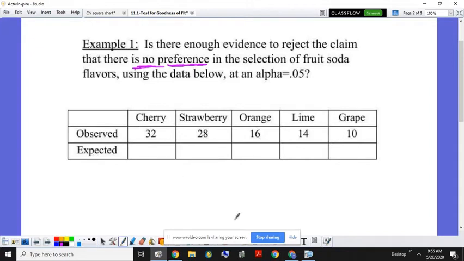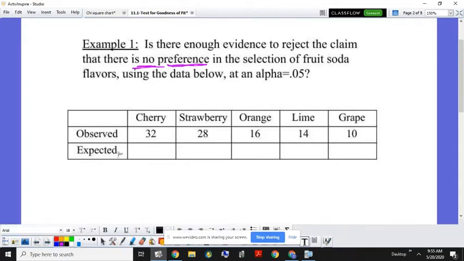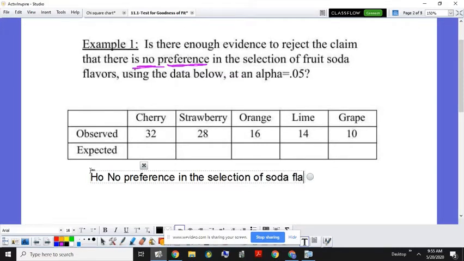Right? So I'm going to create a text box to type this up. Ho goes with no. So for Ho you're going to say no preference in the selection of soda flavors.